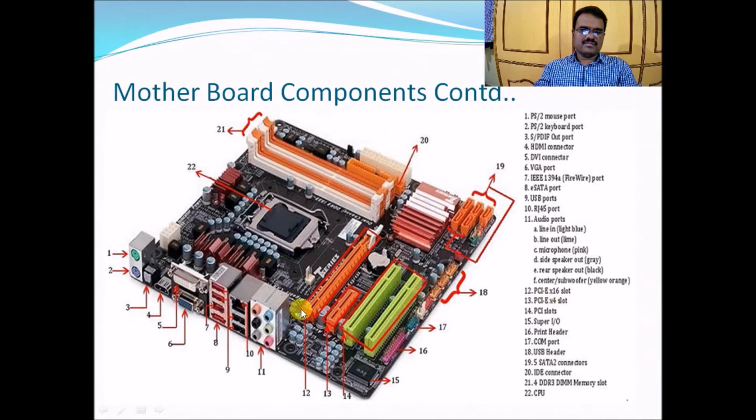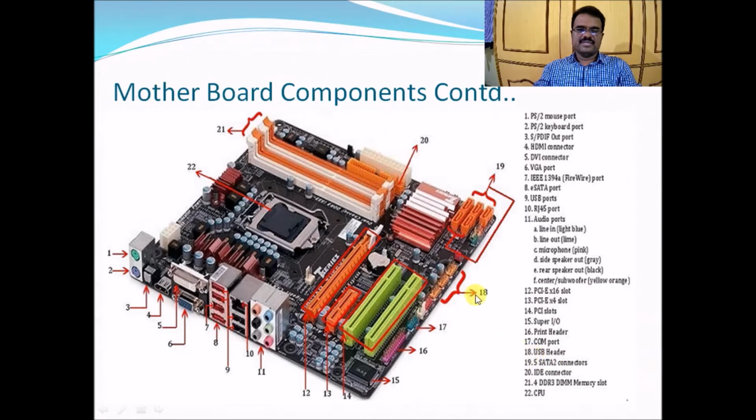Number 12 is the PCI Express x16 slot and PCI Express x4 slot, and these are the PCI slots. Number 15 is called Super IO, and number 16 is the printer header, which is used for connecting the printer port. Number 17 is called the COM port, also called the serial port.